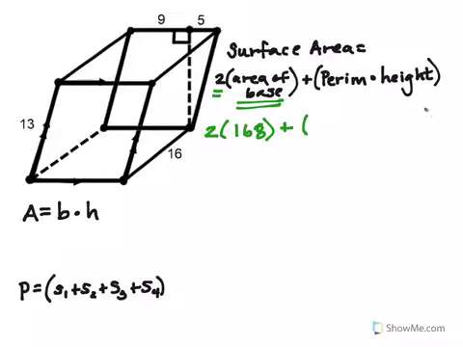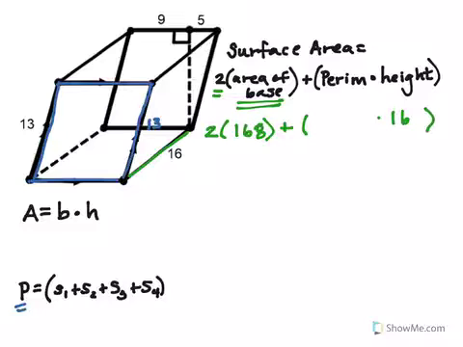The perimeter times the height. So, well, the height we already know we said was 16. We just need to solve for the perimeter of the base, which is just saying I need to add one side length plus the second side length plus the third side length plus the fourth, because the perimeter is just a one-dimensional length, the distance around the object. So, we know about a parallelogram, like I said, that the opposite sides are both congruent and parallel.